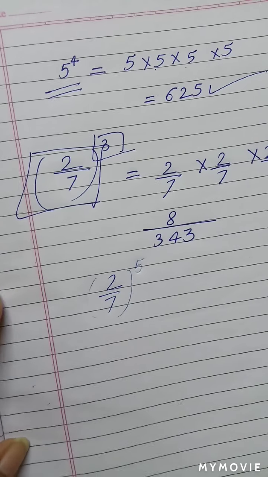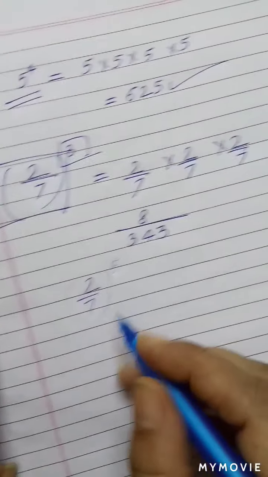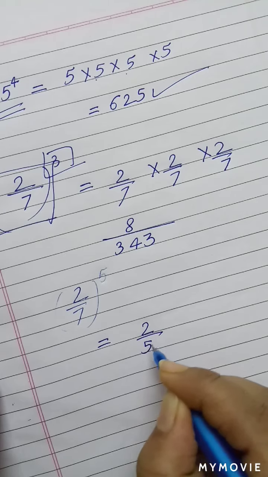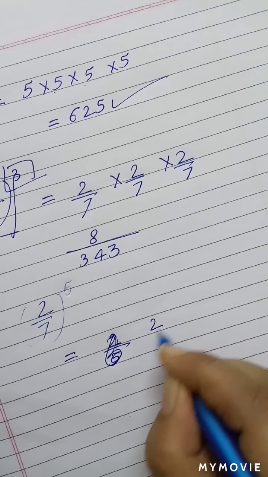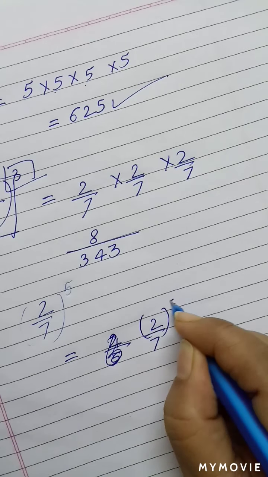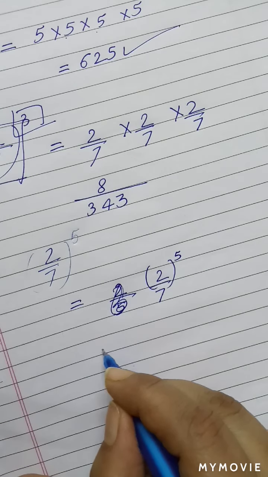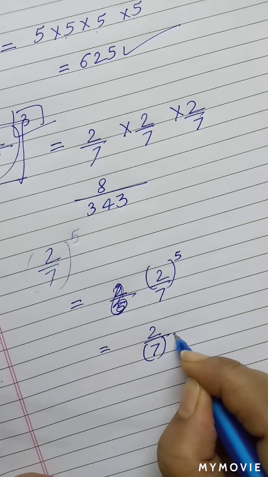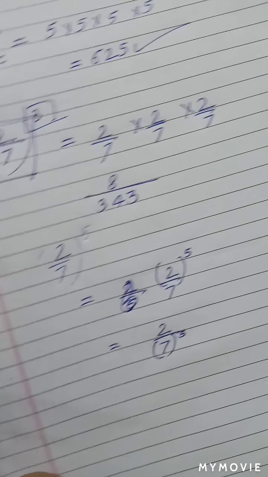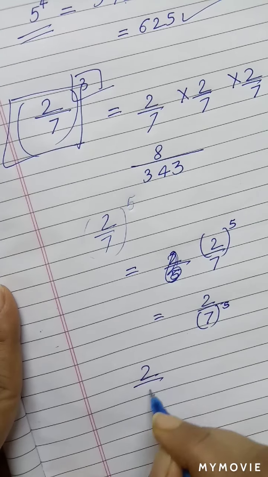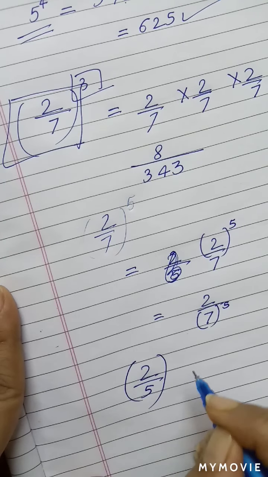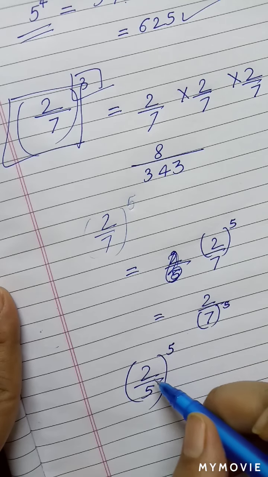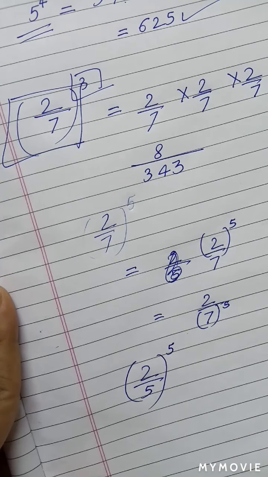If this exponent was only on the numerator or the denominator, we would write it like this. It was 2 by 7. Or maybe like this. If it is on the denominator, so if we are putting a bracket enclosing the numerator and the denominator, then this exponent is shared both by the numerator as well as the denominator.